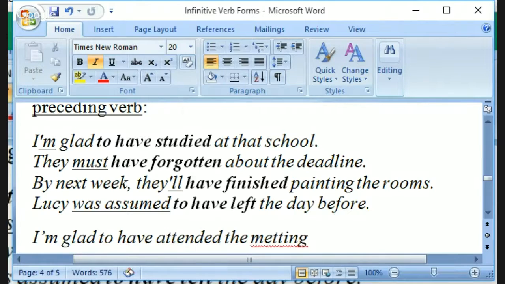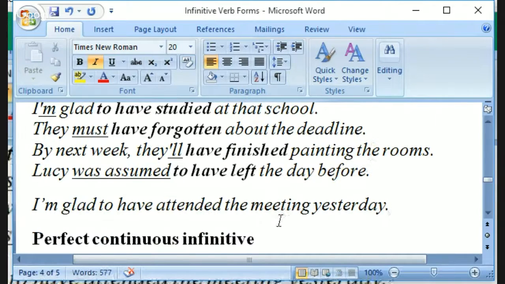Maybe that sounds formal. I'm glad to have attended the meeting. You know what? It would be more normal sounding if you added yesterday. Like that. Talking about it after the fact, reporting it, more or less. I'm glad to have attended the meeting yesterday.